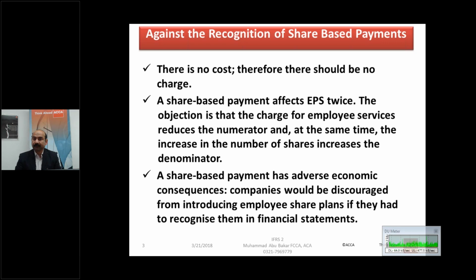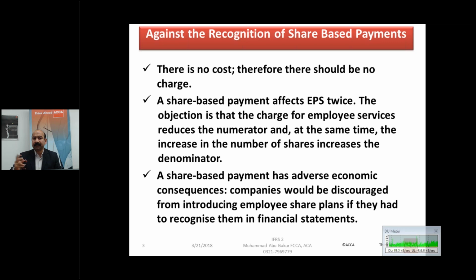So these were the arguments against the recognition of share-based payment. Number one, no cost, no charge. This is incorrect, because an employee will have that share option in mind in addition to his or her cash salary. Second is the effect on EPS being doubled.